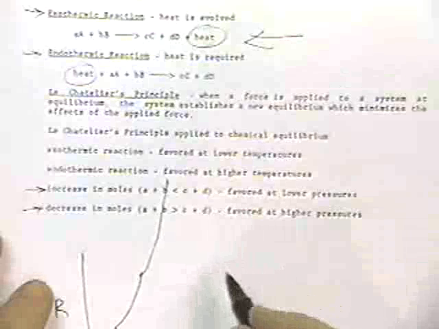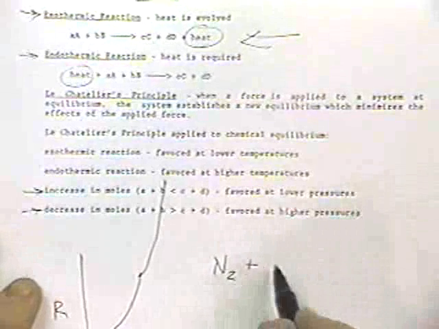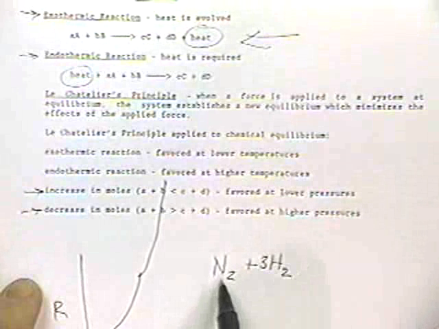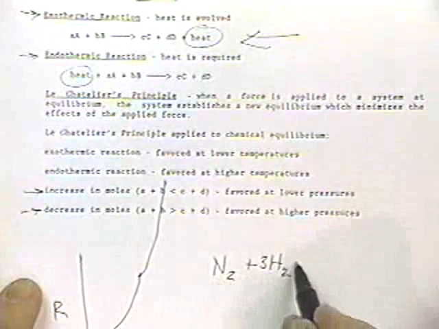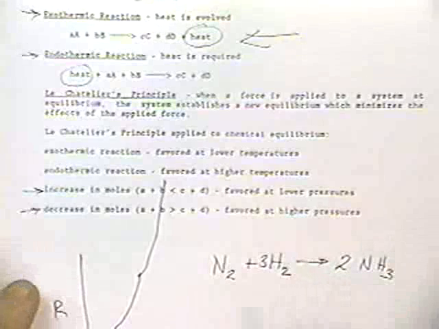So a classic example of this is ammonia. Ammonia is a key chemical that's needed in our society to make fertilizer. The balanced reaction is you take 1 mole of nitrogen, 3 moles of hydrogen, and you get 2 moles of ammonia.